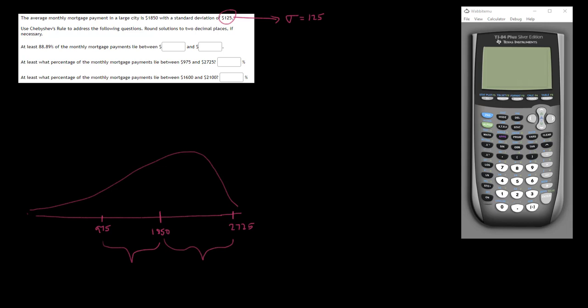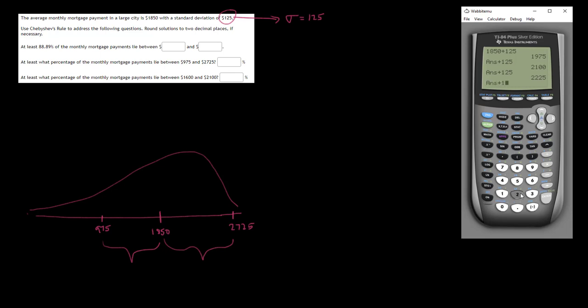Let's grab our calculator. We have 1850 as the mean. How many times do I have to add a standard deviation, 125, to get to 2725? If I add 125, there's one standard deviation. Clearly we're not there yet. Add another, so we've added 2 standard deviations. Nope. Add a third. Nope.